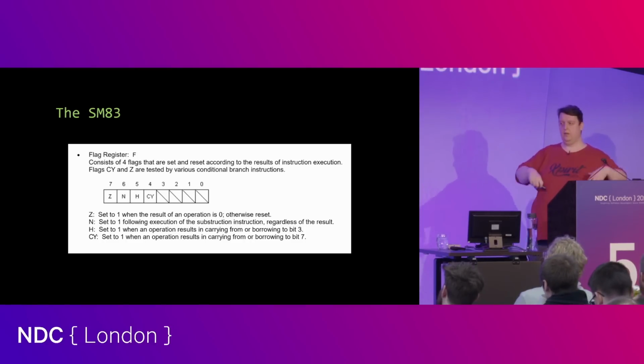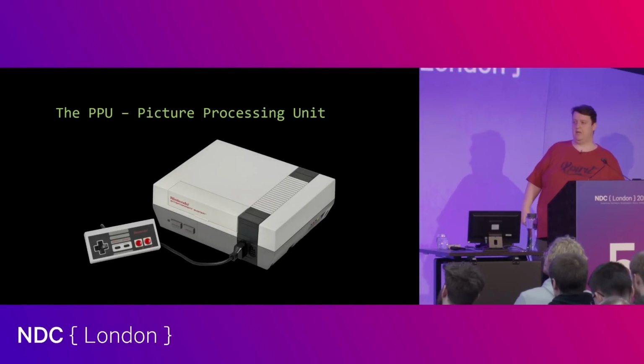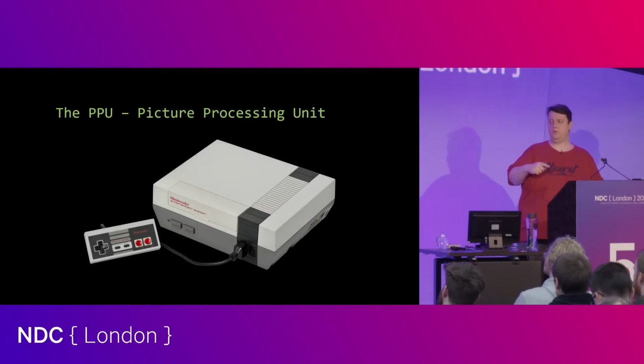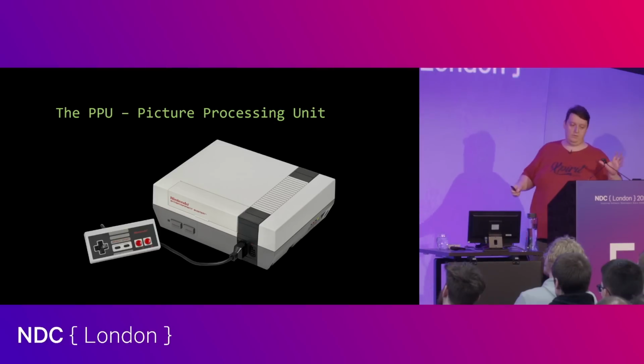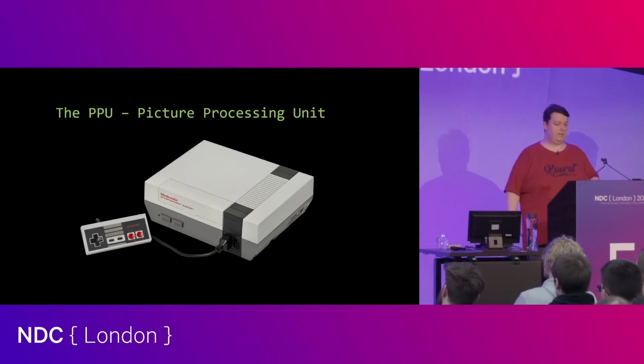Then let's see how can we get something on the screen. So the picture processing unit is heavily based on the one that they used in the Nintendo Entertainment System, because it was a hugely popular console in Japan, America, and Europe. So they knew how this works and said, let's use that one in the Game Boy as well.